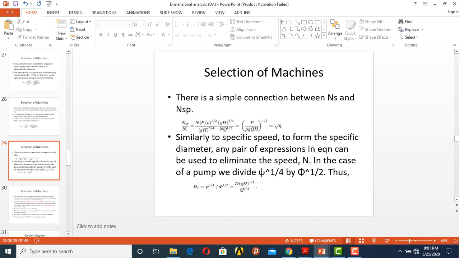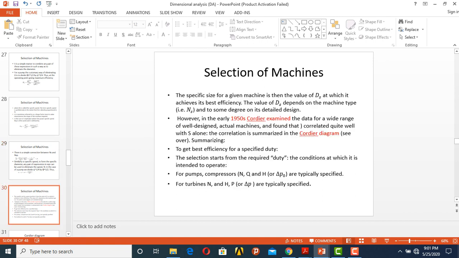So you can play around with duty, such that provided we have got the same specific diameter, you can come up with a diameter which is suitable to give you that duty, provided you are using the same family of turbomachine.